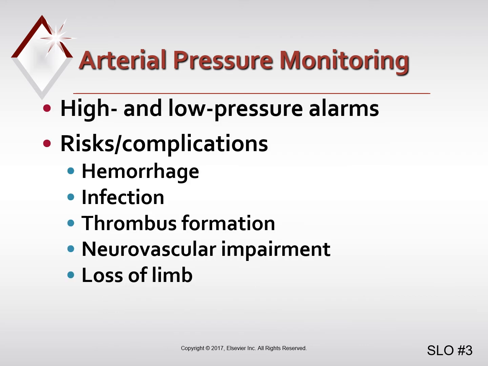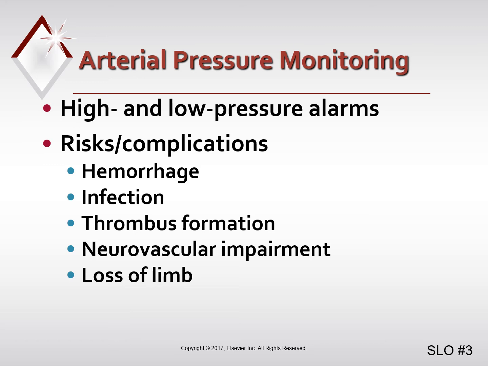So our complications with having an art line. As I mentioned before, hemorrhage, because it is in an artery, and infection as well. Any invasive device is a risk for infection. Any foreign object inserted into the body is going to pose a risk for infection, especially the longer that it's left in, because bacteria like to congregate on that. Thrombus formation is going to be another risk.